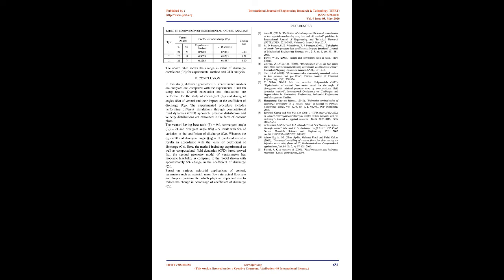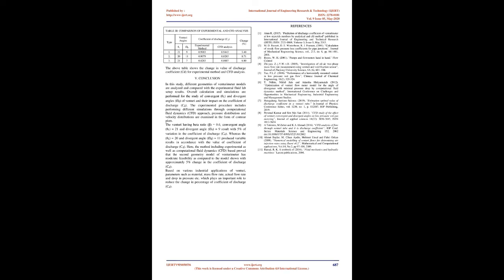The experimental procedure includes performing different simulations through the computational fluid dynamics, CFD, approach. Pressure and velocity distributions are examined in the form of contour plots. The Venturi having beta ratio, β, equals 0.6, convergent angle θC equals 21 and divergent angle θD equals 9 results in 5% variation in the coefficient of discharge, CD.